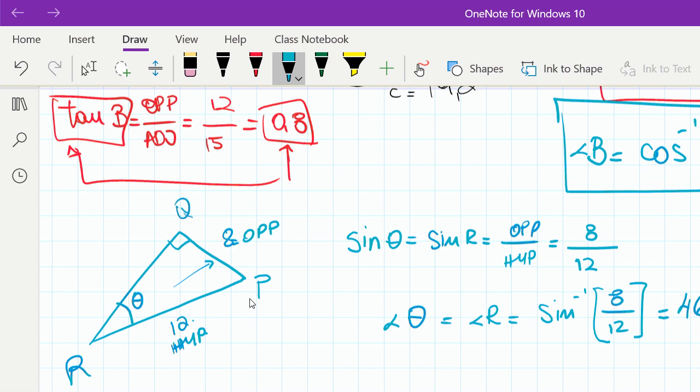Or let's bring another example where we have a right angle triangle that looks like this. And now again RPQ.